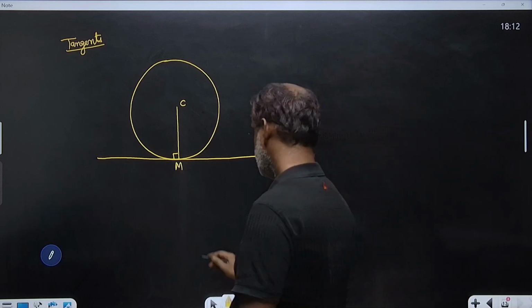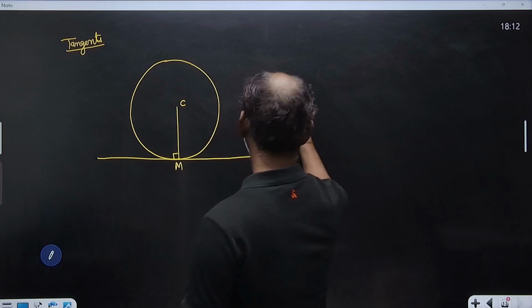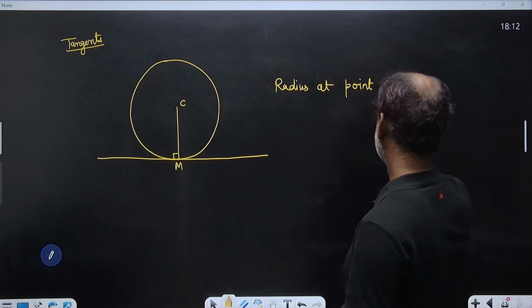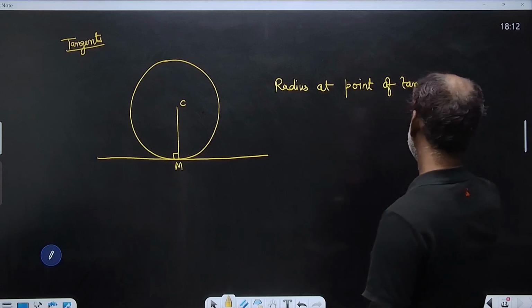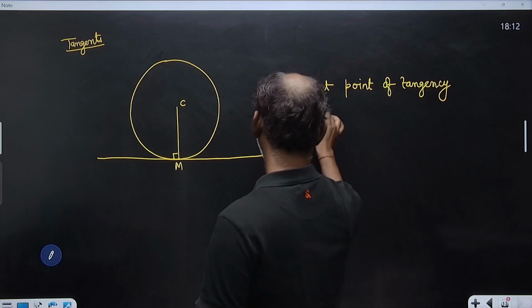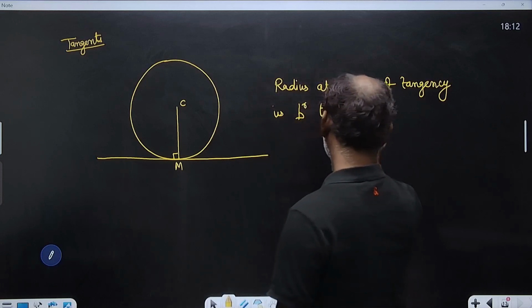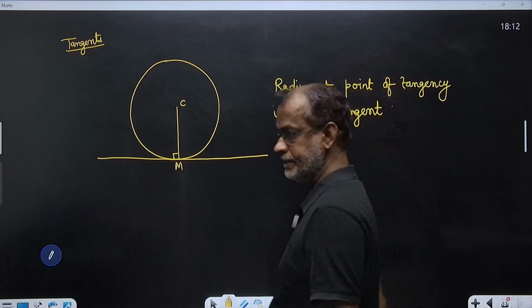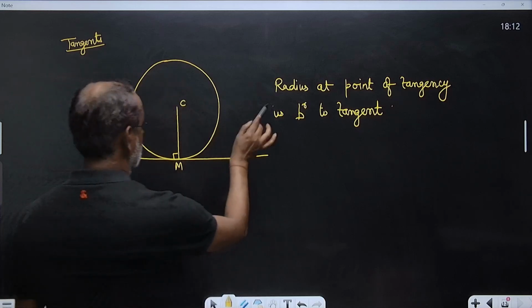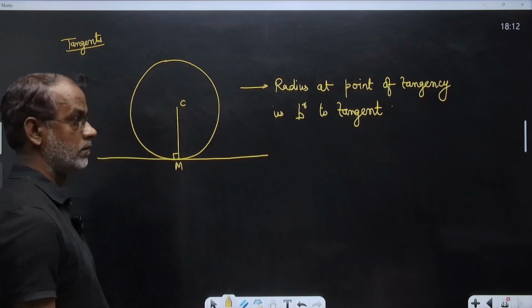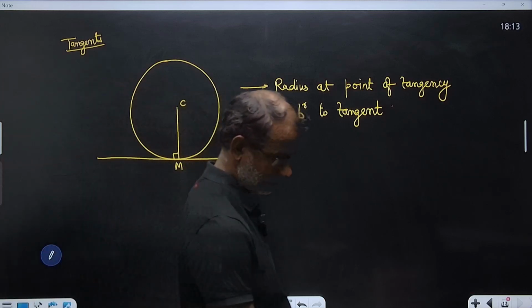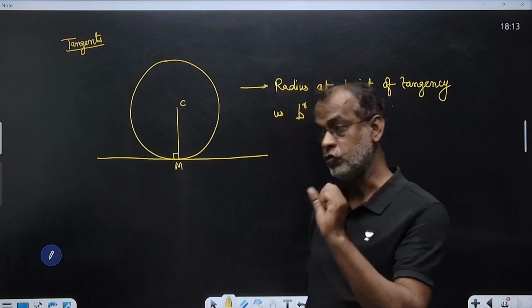Radius at point of tangency is perpendicular to tangent. Okay. This is also a very useful thing.